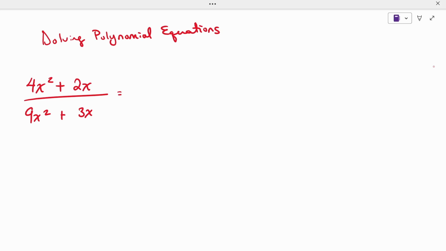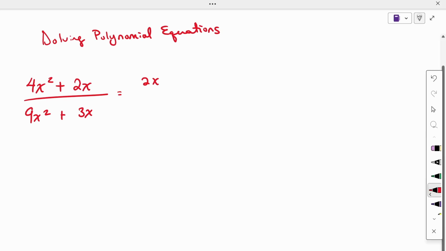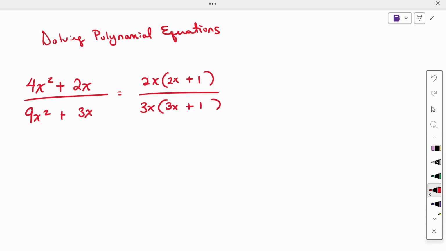In this instance, if we were to use the GCF technique, we could factor the polynomial in our numerator by pulling out 2x, which would be the GCF of 4x squared plus 2x, and we would have 2x plus 1 remaining. Now in our denominator, we may be able to pull out a 3x, and we would have a 3x plus 1 remaining.